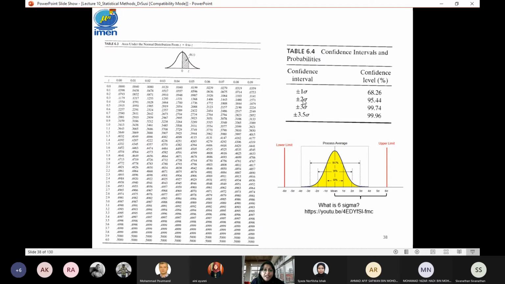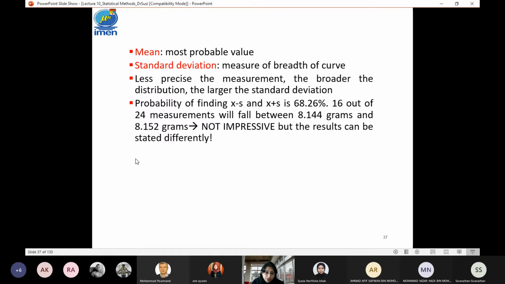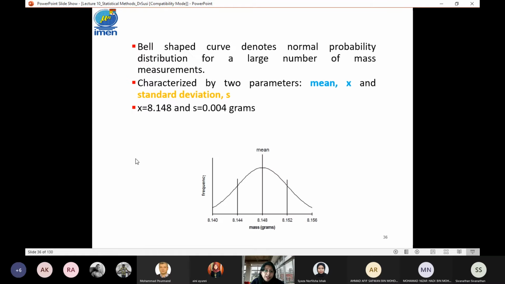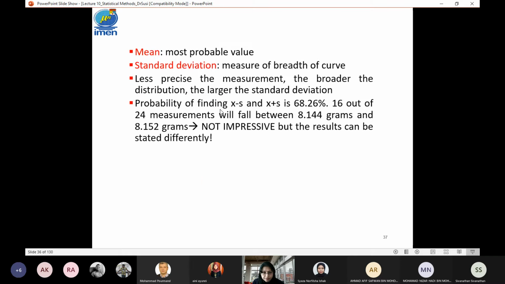Now, what if we take our confidence interval as 2 sigma? Just now we looked at 1 sigma, which is over here. Now we go to 2 sigma. Your mean value was what just now? It was 8.148. Instead of taking 0.004, you take 2 sigma, 0.008.